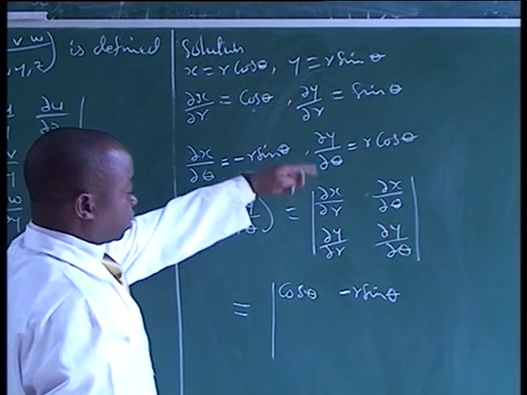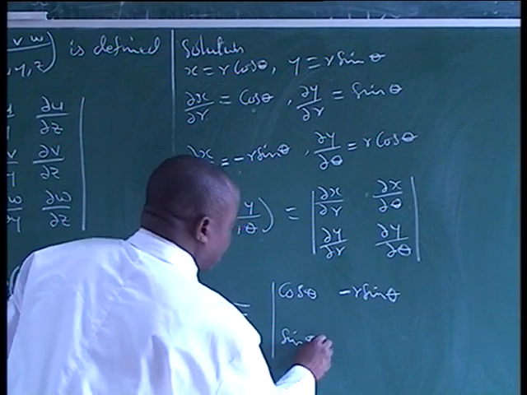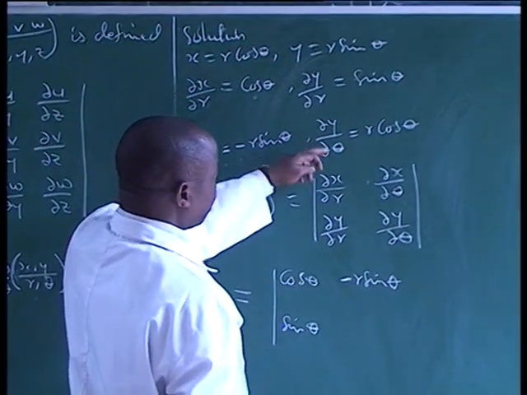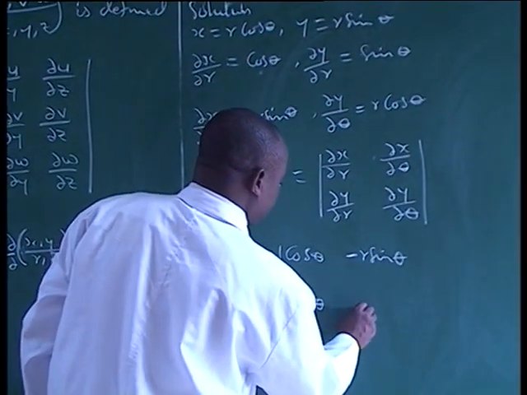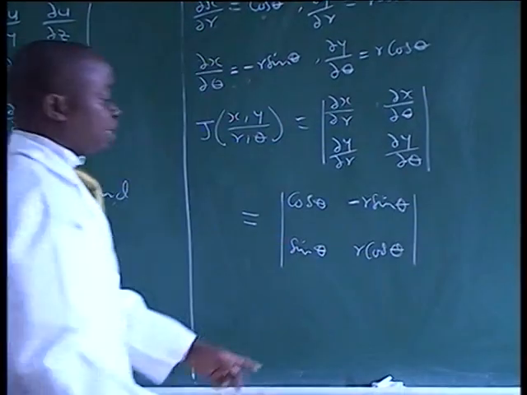Partial y partial r is sin theta. Then partial y partial theta is r cos theta.